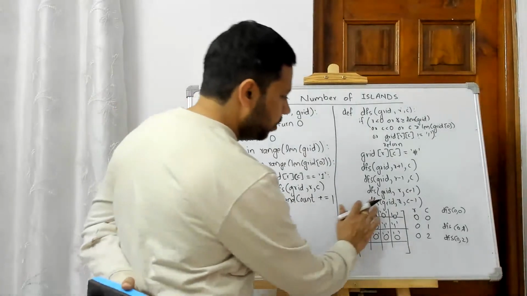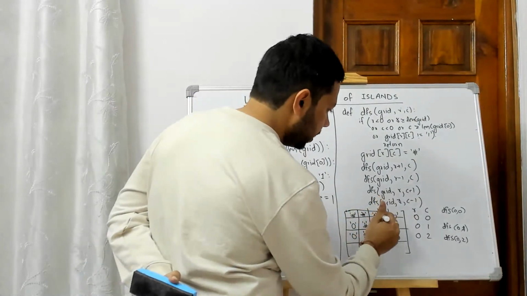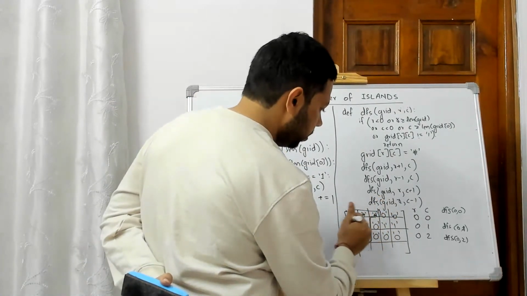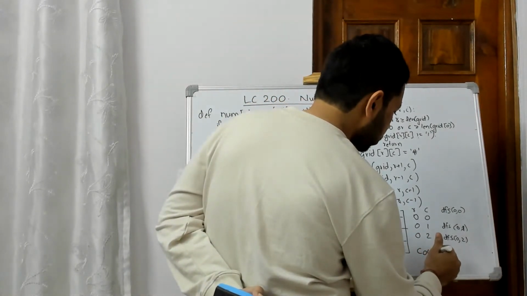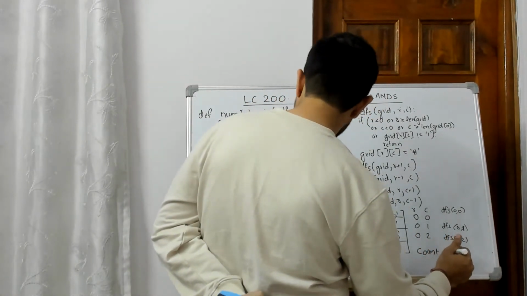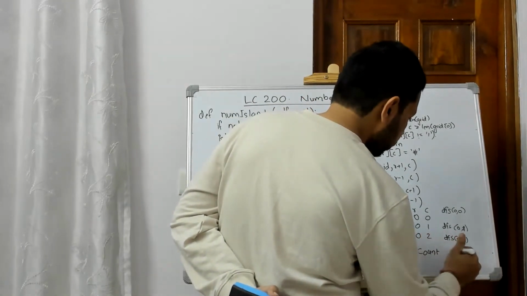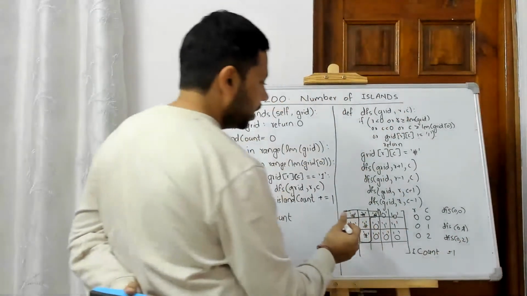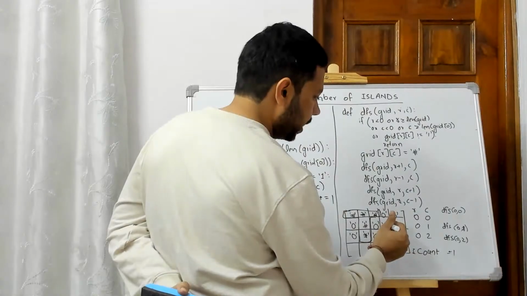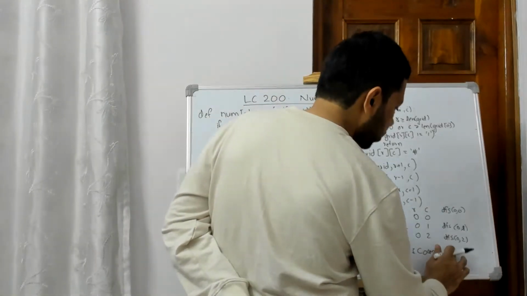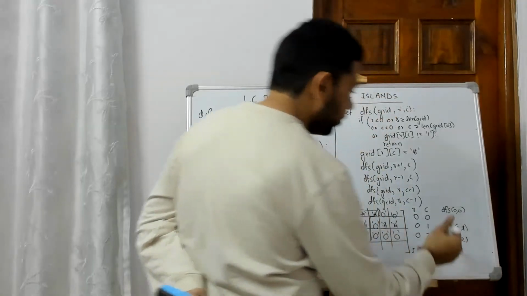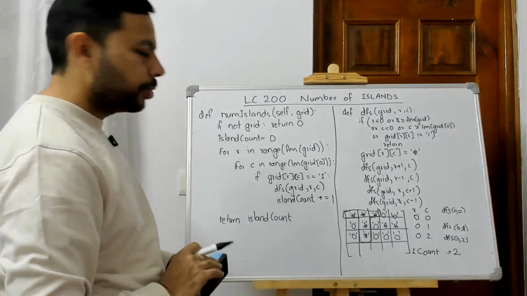So this way you will process this whole island, and similarly you will say island count is equal to 1. Next time you come to this one, you will set it as hash, you will set this as hash, and then you will mark count as 2, and then you will return 2 as the answer.